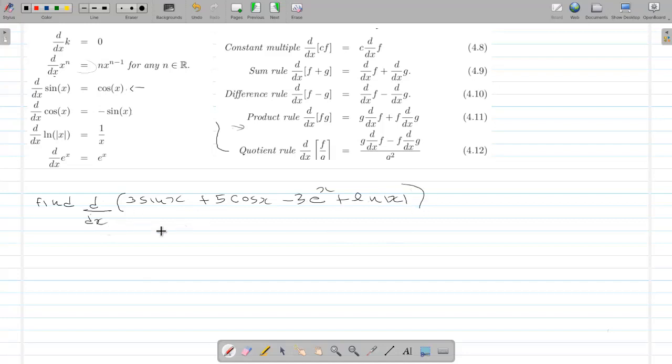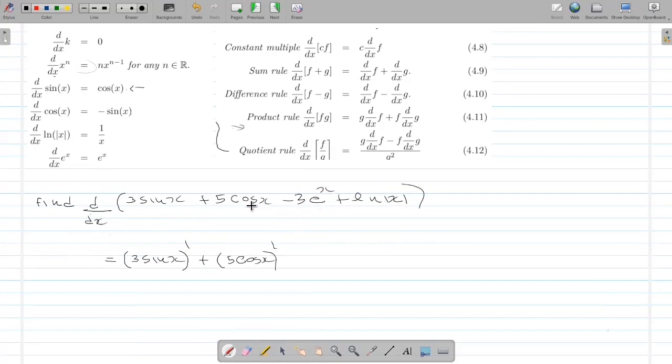I can break it down into derivatives of individual functions using the sum and difference rule, no? So here first I do this, and the derivative of this guy, I use the dash notation because it's easy.